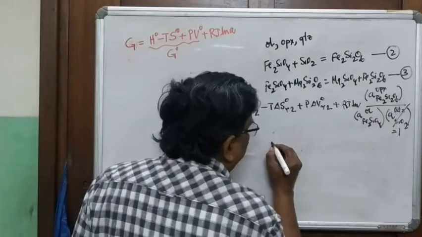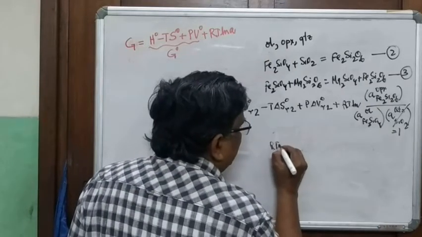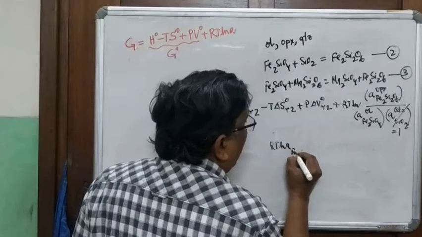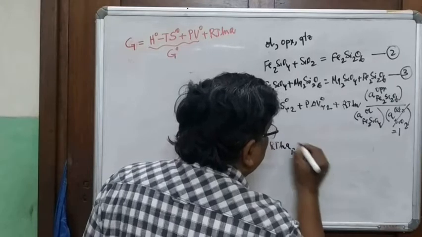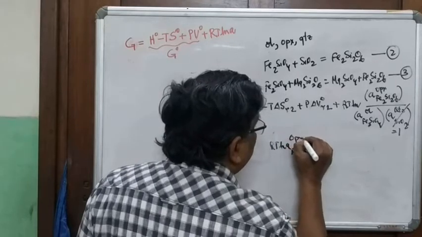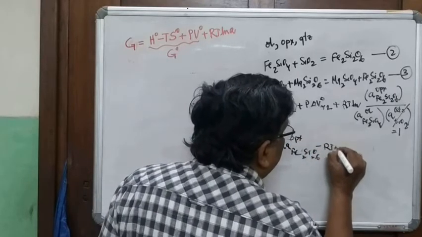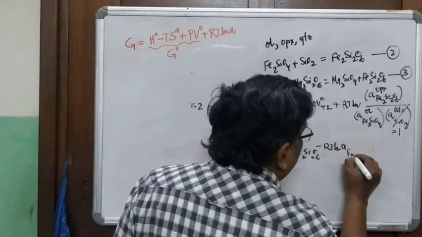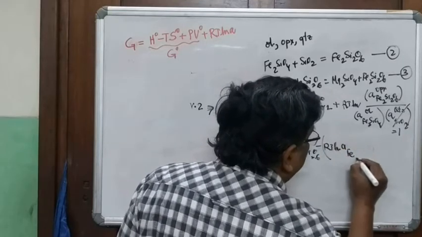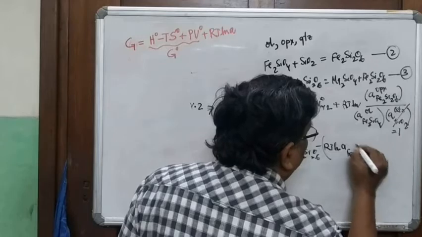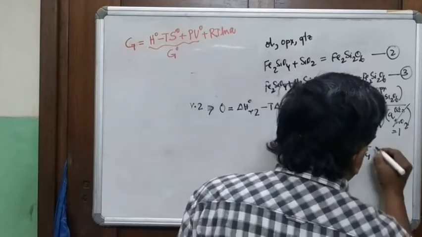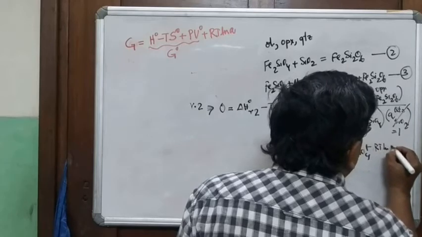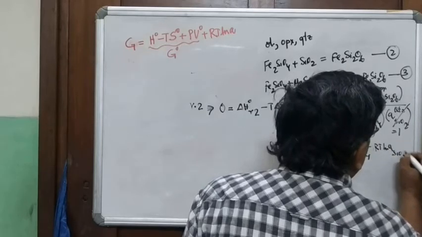Then I would have written RT ln activity of Fe2Si2O6 in orthopyroxene minus RT ln activity of Fe2SiO4 in olivine plus RT ln activity of SiO2 in quartz.